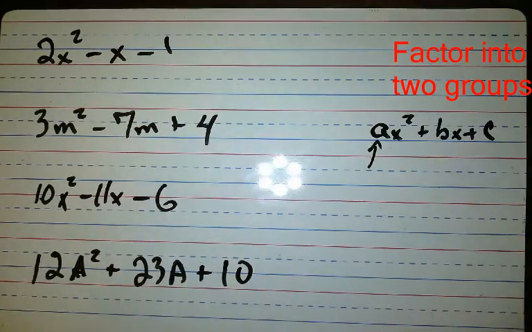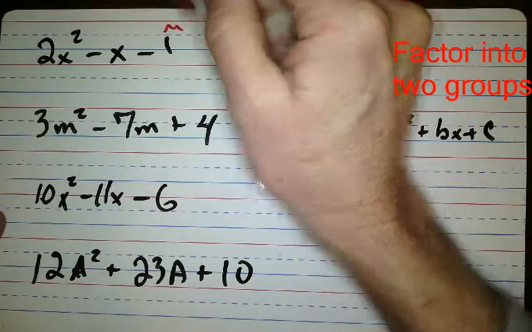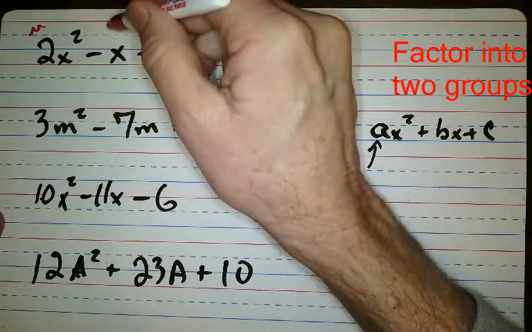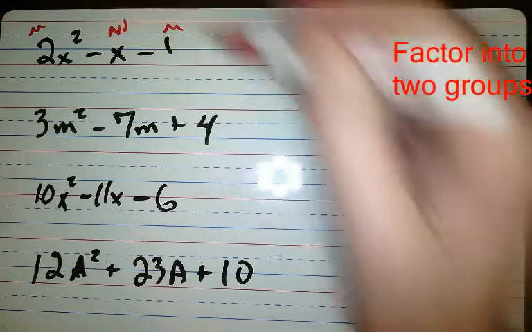Okay, so when we are solving problems, we're looking for numbers that multiply to be the front, multiply to be the back, and add up to be the middle, right? Same rule as yesterday. Have to add to be the middle.